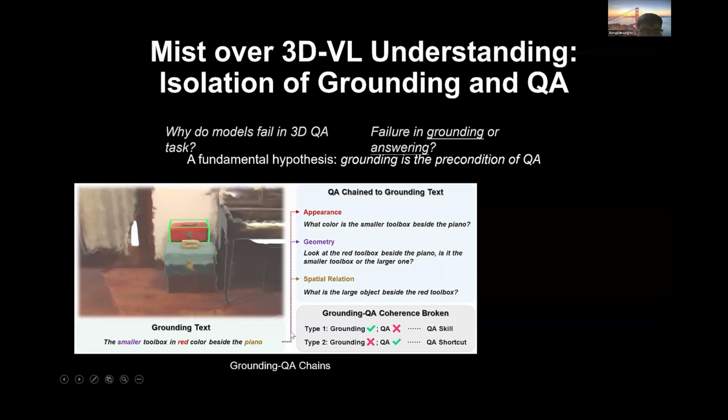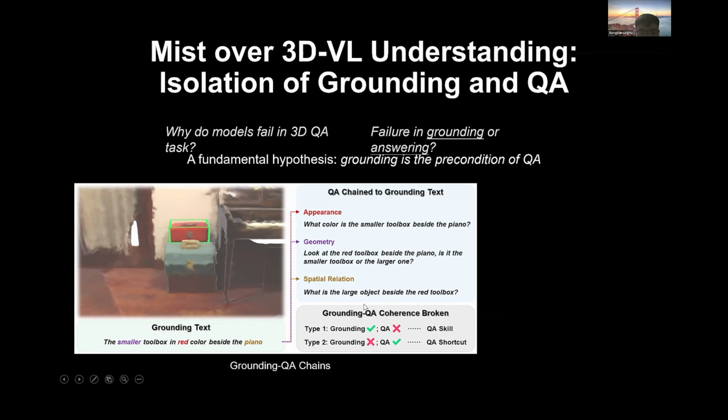Then given this grounding text, we can annotate several questions, such as questions about the appearance, geometry, and spatial relations. Then for a 3D VL model, we will evaluate their capabilities of grounding and question answering.